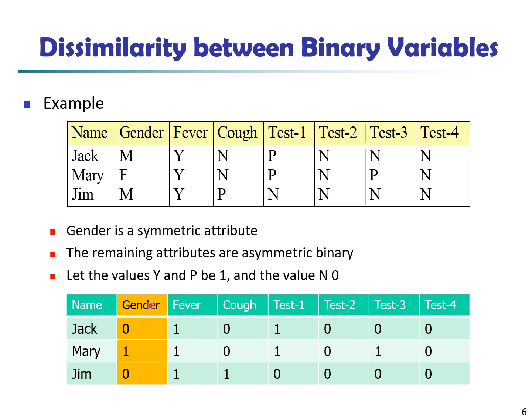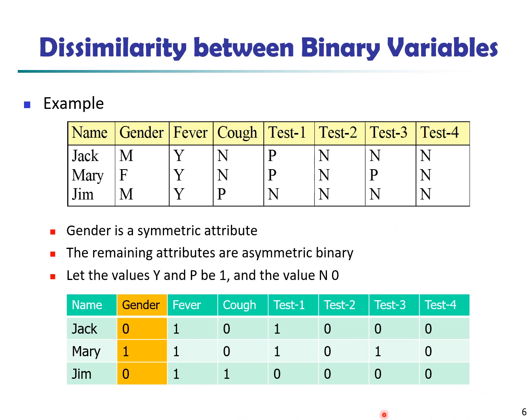Now we want to calculate the similarity between Jack, Mary, and Jim using the gender attribute only, because it is the only symmetric attribute. However, if we want to calculate the dissimilarity between the asymmetric attributes, we will be generating a dissimilarity matrix for all of these attributes together.